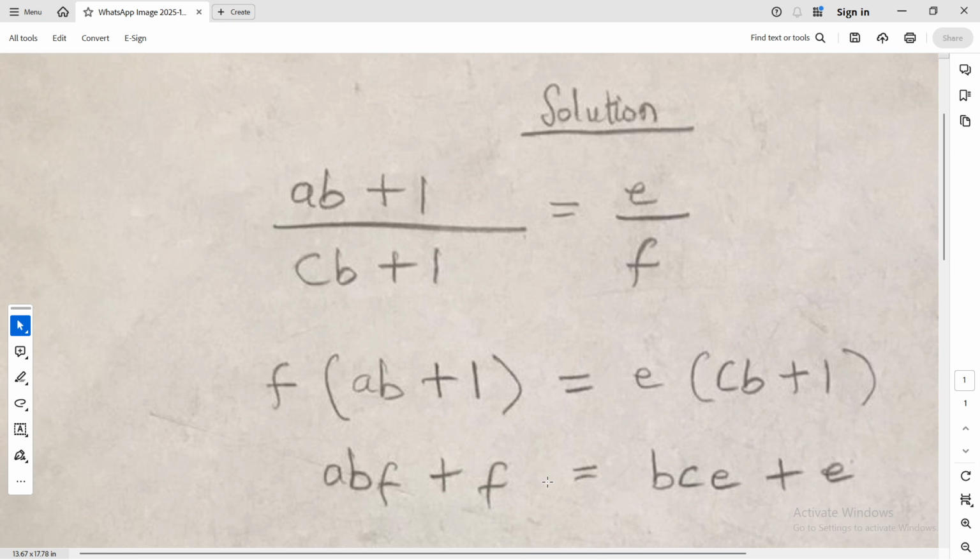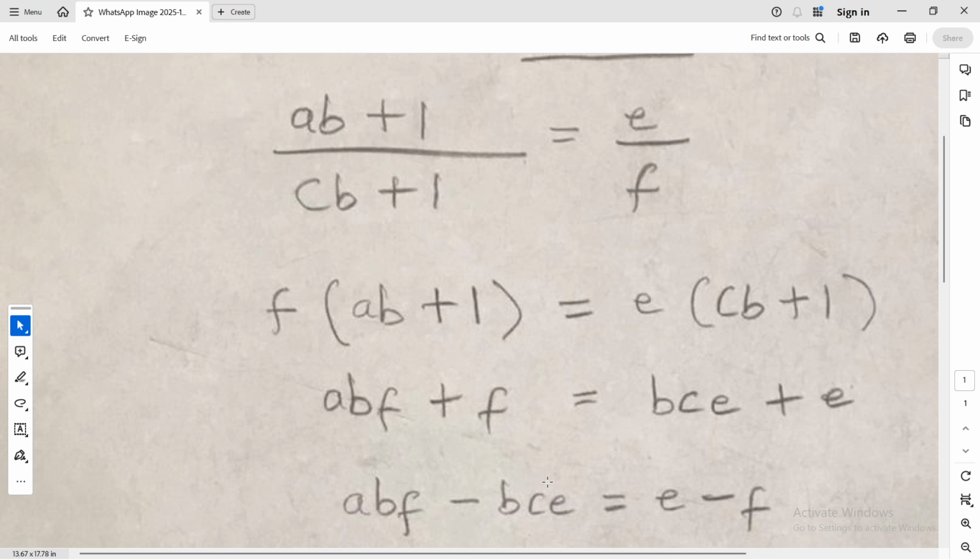So we are going to have our new equation to be ABF minus BCE equals E minus F. E was a positive E, and F used to be a positive F, but using the same rule, positive F had to cross the equal to sign, making it change its form to become negative F, right?